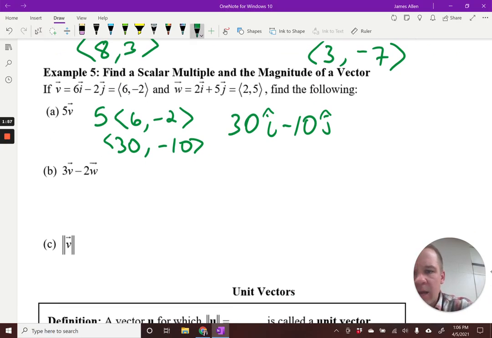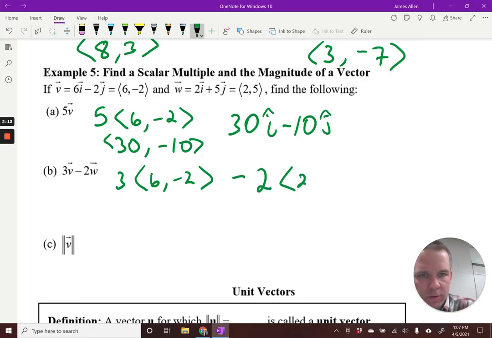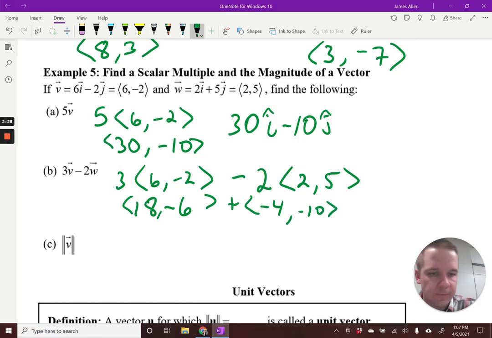Next one. We have a little combo action: the scalar multiple and subtraction. So I have 3 times <6, -2>, and then minus 2 times <2, 5>. The way I'm going to deal with this is, I have <18, -6>, and then I'm going to go with addition here and distribute the negative into the second vector to get <-4, -10>.